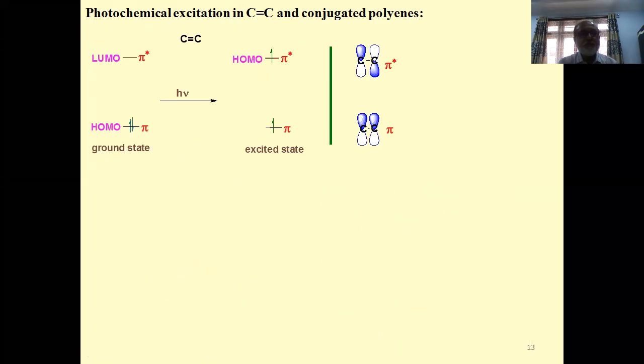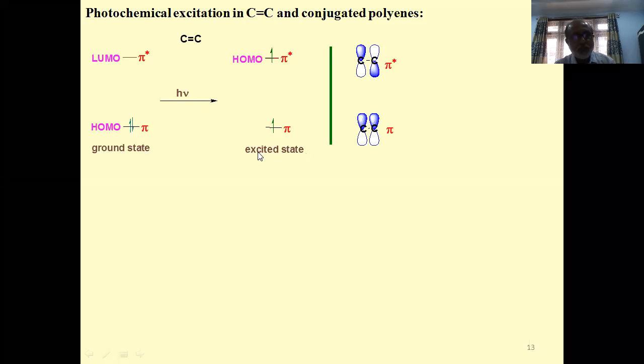Now, when we apply energy photochemically, how much energy is required depends on the energy gap between the HOMO and LUMO. If we apply electromagnetic radiation, then one electron will jump to the next orbital, which is vacant. So that becomes the excited state of the molecule.